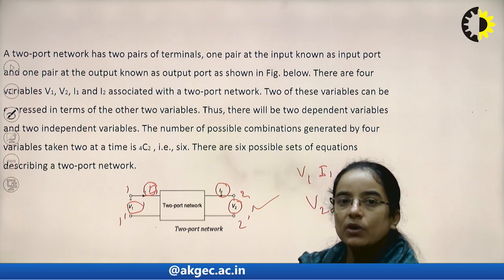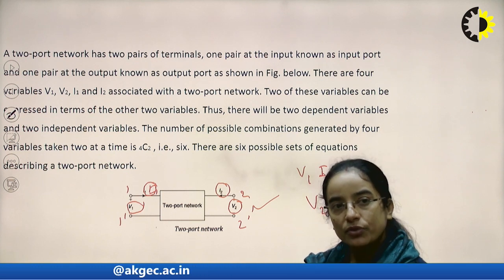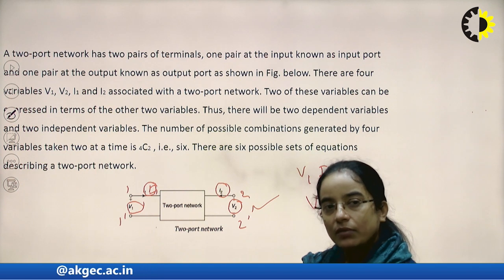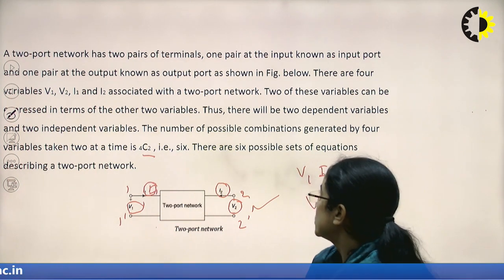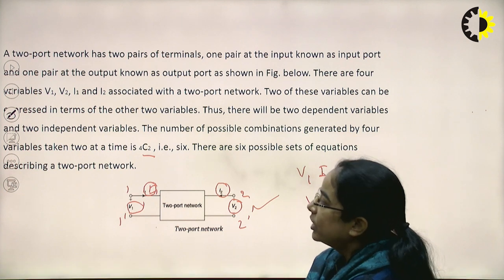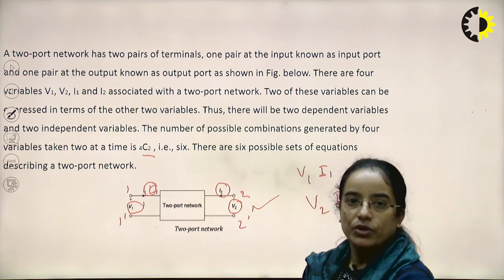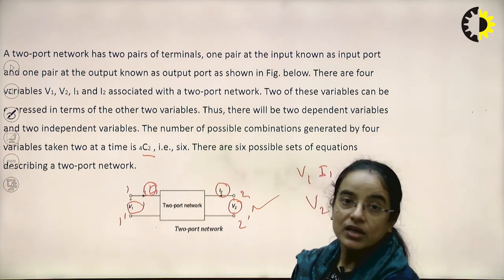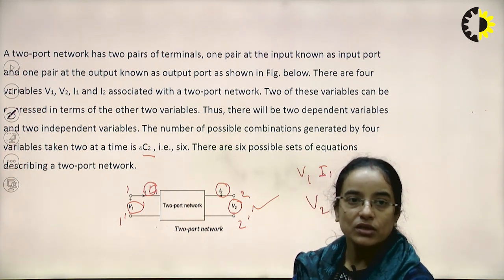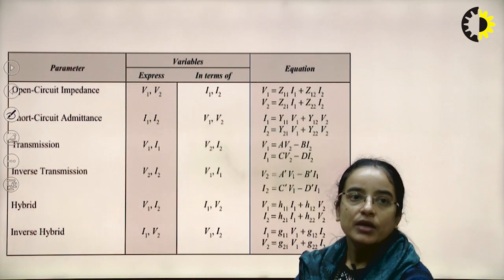If we solve 4C2, that will be 6. That means there will be six sets of equations that can describe this two-port network.